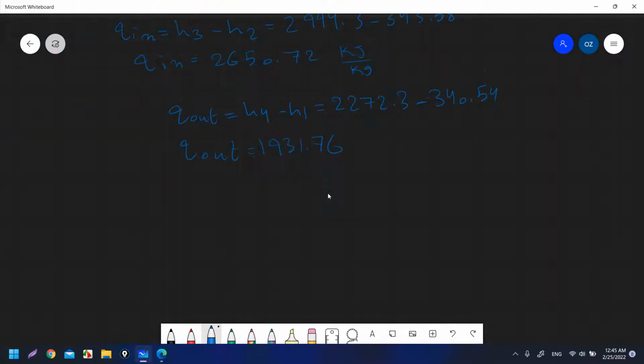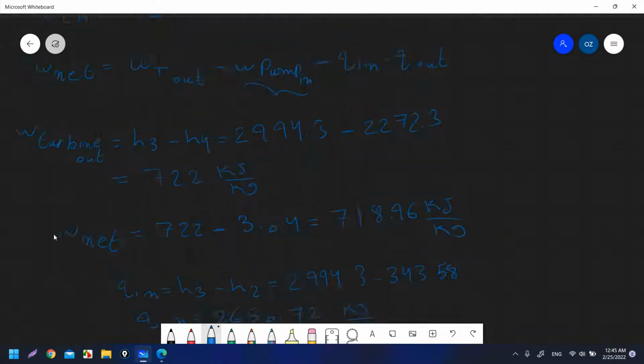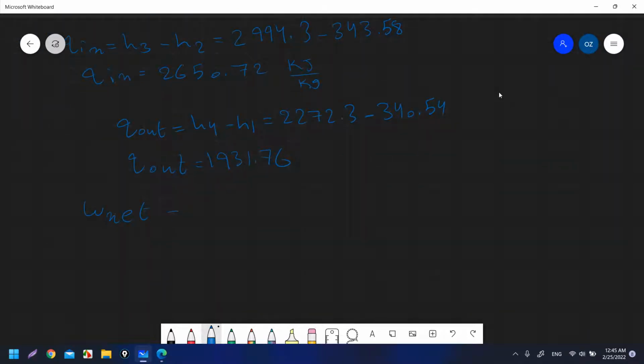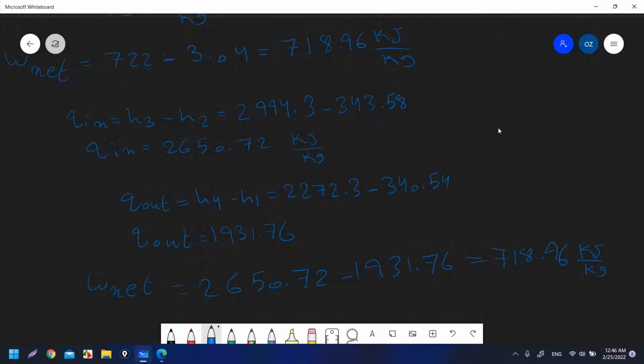And then if you calculate the W net using the equation Qn minus Q out equal to W net, this will give me 2650.72 minus 1931.76, which gives that W net is also equal to the same number, 718.96 kilojoule per kilogram, the same number as from the previous equation.